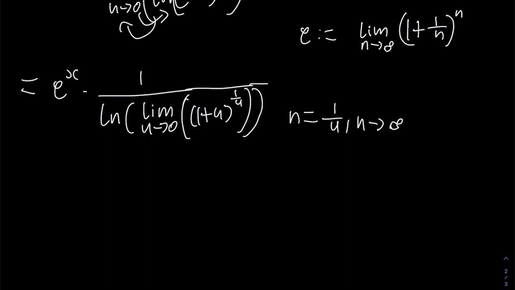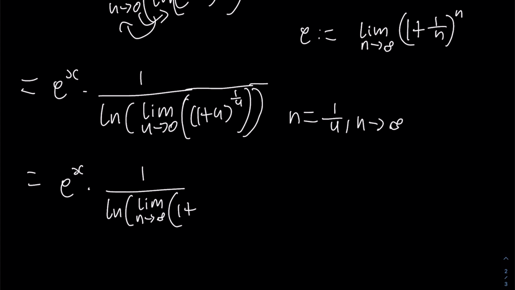And what we see here is that we can take this limit to the n world now. So we have e to the x multiplied by 1 over the natural log of the limit as n goes to infinity of 1 plus u. To solve for u, we take the reciprocal of both sides. We see that u is 1 over n, and that is being raised to the 1 over u power. And what is 1 over u? That is n.